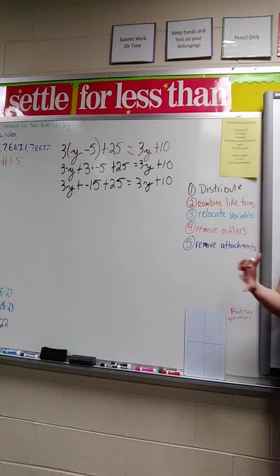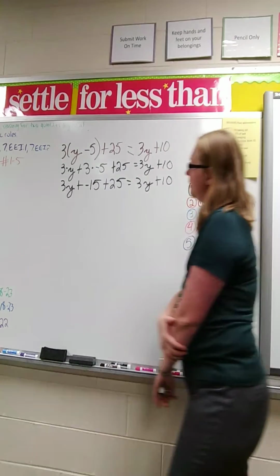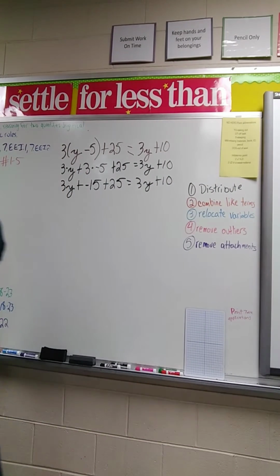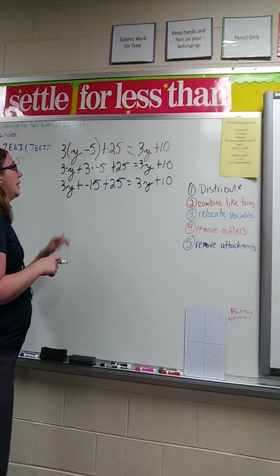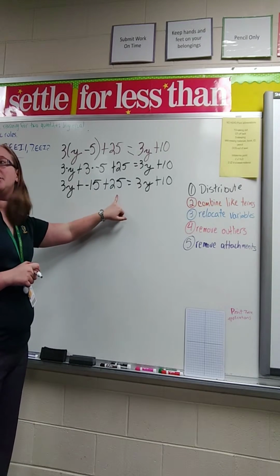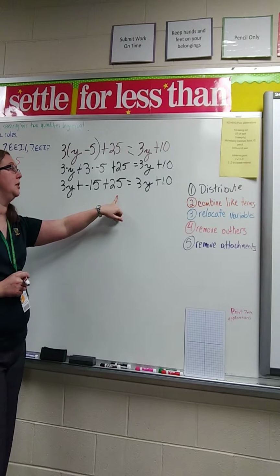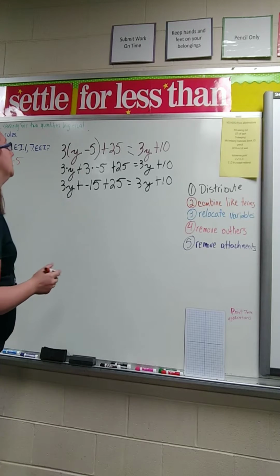What are the like terms that I can combine? The negative 15 and the 25. Okay. What is negative 15 plus 25? 10. Okay.